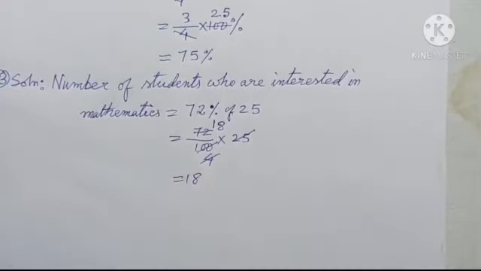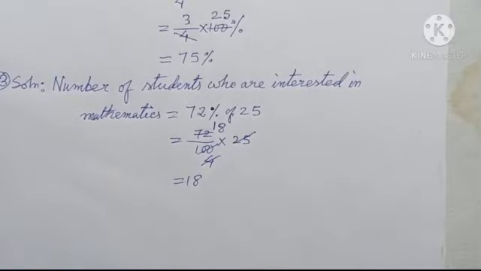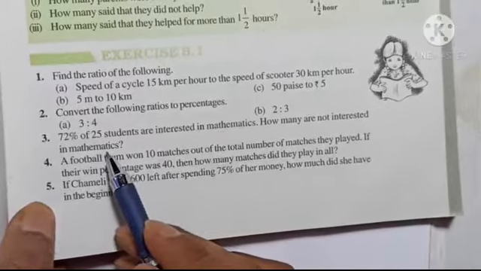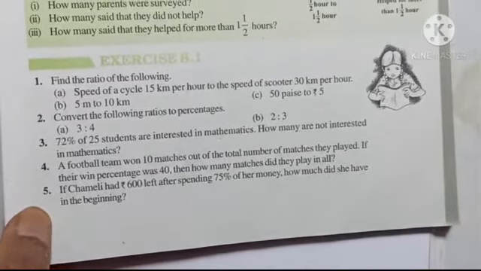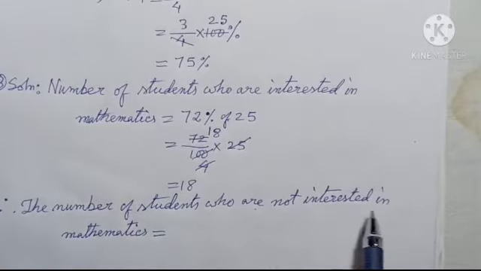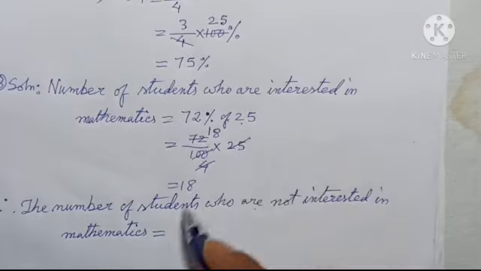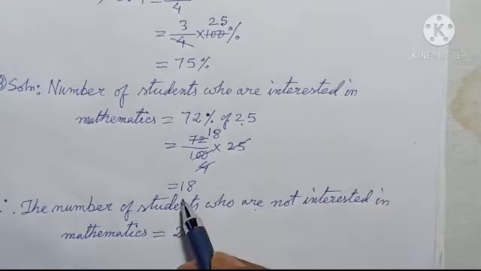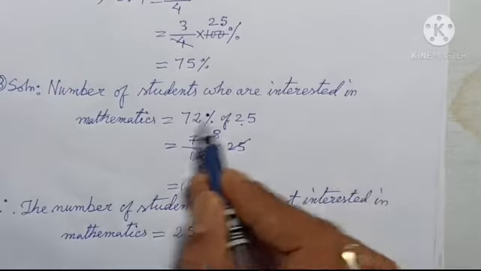But in the question, it is said to find out the number of students who are not interested in mathematics. So let's find out this. Therefore, the number of students who are not interested in mathematics: there are altogether 25 students, and 18 students are interested in mathematics.